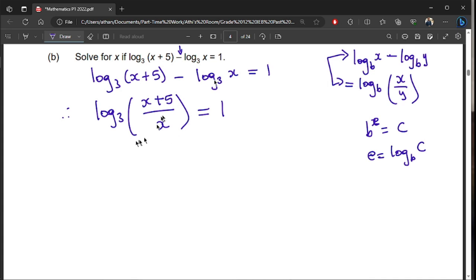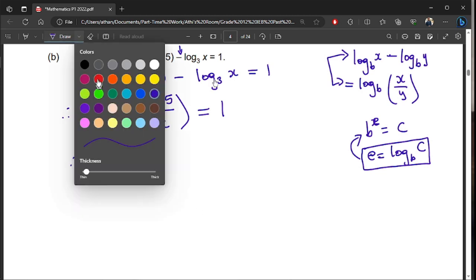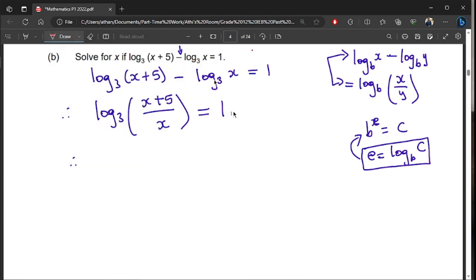Now let us apply that here. That means our equation is in that form, and we're going to turn it to that. If I label it here using a different color, 1 is the value of e, the bracket is the value of c, and 3 is the value of b.